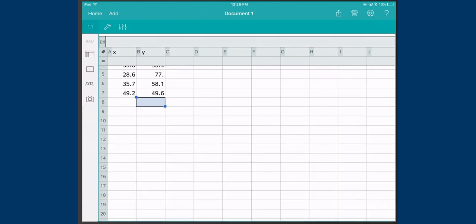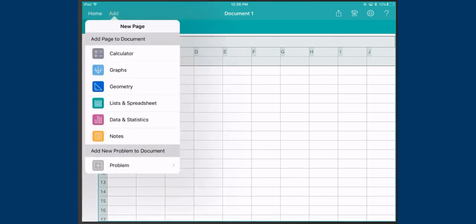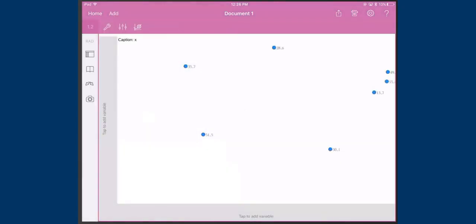And now we're going to go back up and I am going to the Add button. And this time, I am going to select Data and Statistics. When you get to the screen, notice things are just kind of floating everywhere. What we need to do is designate the Y and the X axis. So what we're going to do is just tap.